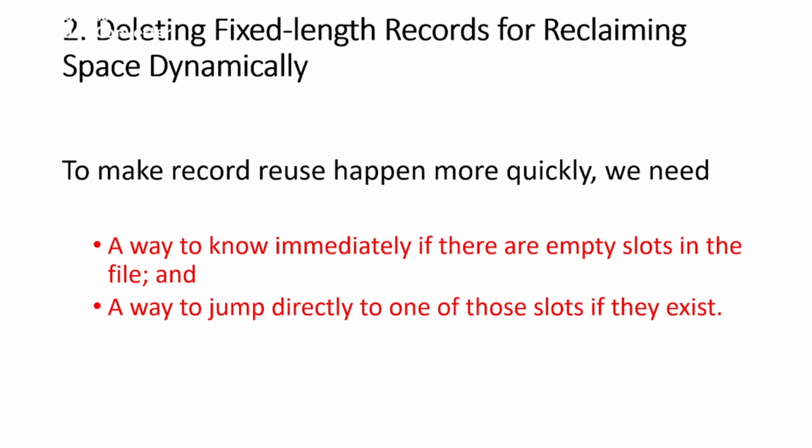To make record reuse happen more quickly, we need two different things: a way to know immediately if there are empty slots in the file, and a way to jump directly to one of those slots if they exist.